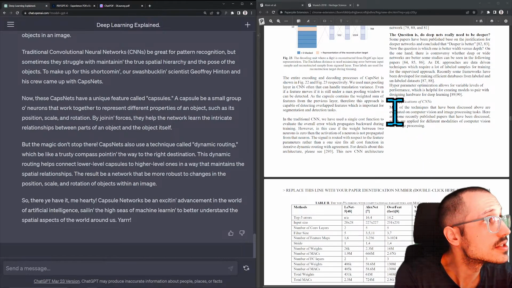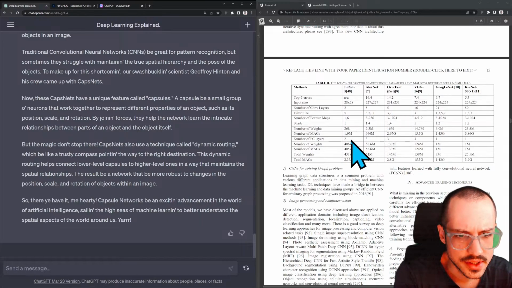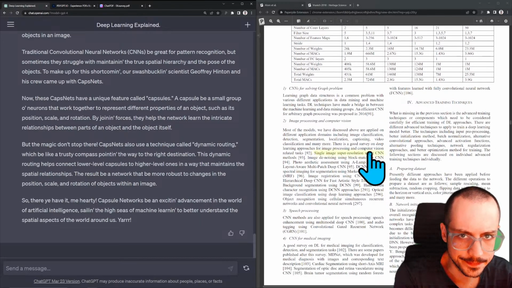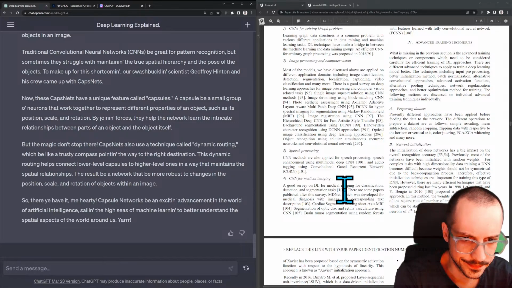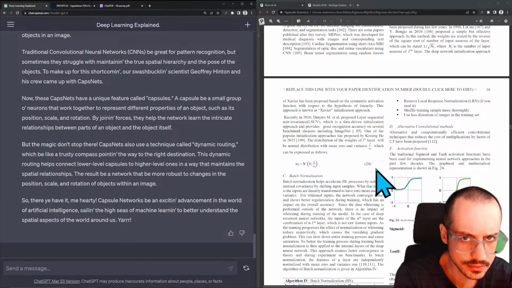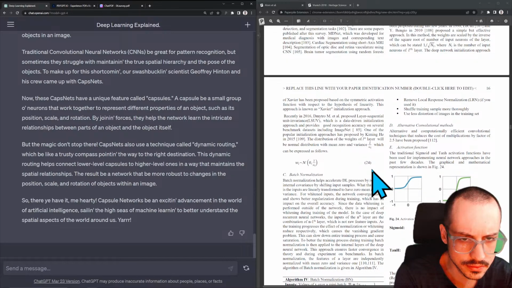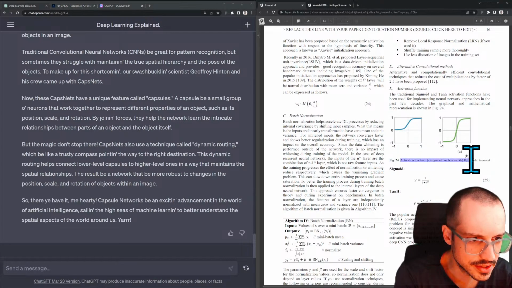Applications of CNNs. CNNs for solving the graph problem, image processing and computer vision. Speech processing. CNN for medical imaging. Little activation functions here.